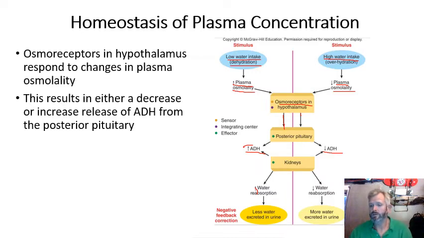Less ADH on board, those collecting ducts are not permeable to water, and that filtrate that comes in at 100 now leaves roughly around 100. So we make that very dilute urine. More water is excreted. All right, so that is the control. The hydration level determines our osmolarity levels, which determines our ADH release, and therefore determines what water reabsorption will take place in the nephrons.